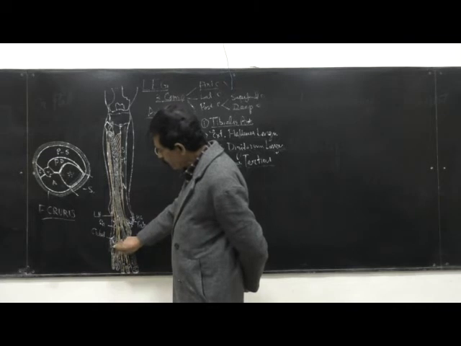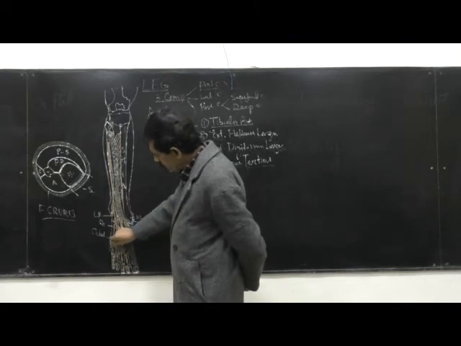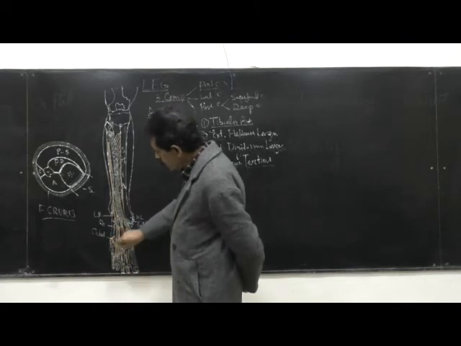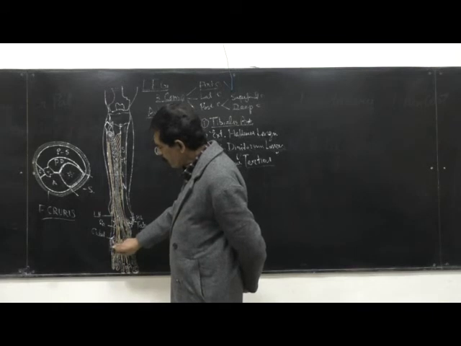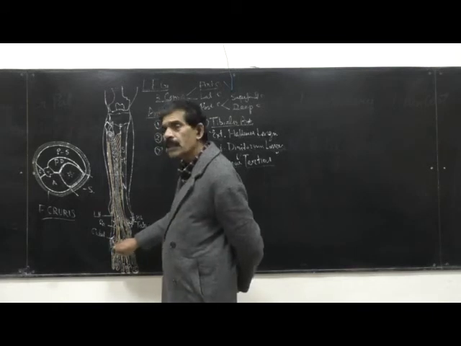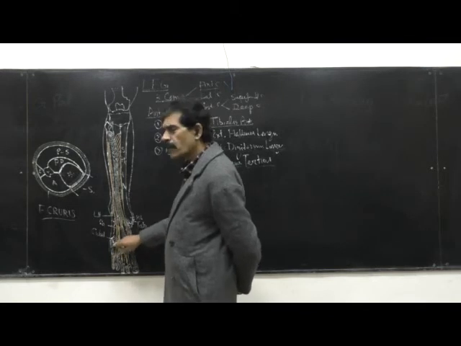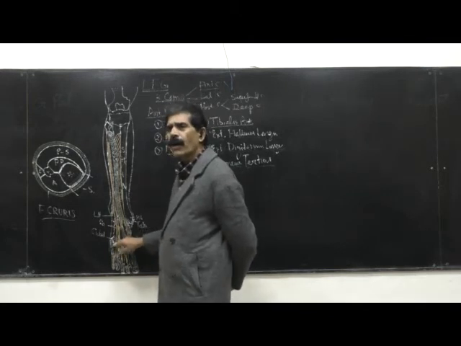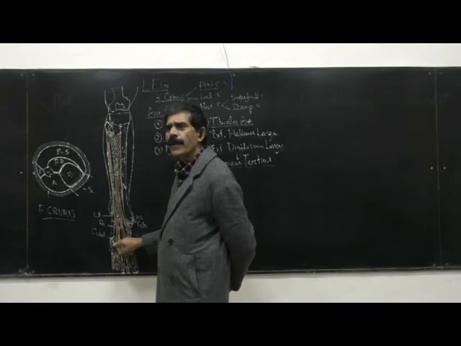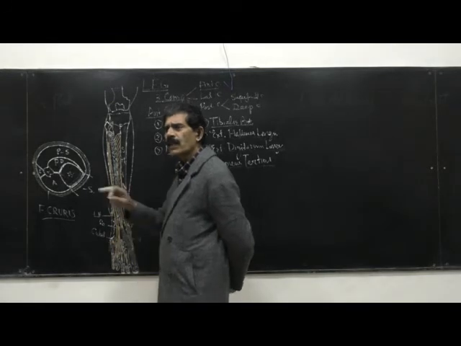But where? On its medial part. So peroneus tertius is inserted on the medial part on the dorsal surface of the base of the 5th metatarsal. This is the insertion.